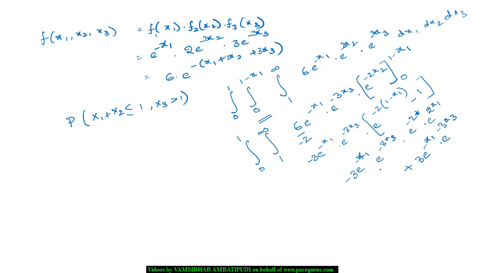So overall it is working out to e to the power of minus x1 and it is e to the power of 2x1. So it is working out to minus 3 e to the power of x1 e to the power of minus 3x3 e to the power of minus 2 plus 3 e to the power of minus x1 e to the power of minus 3x3.